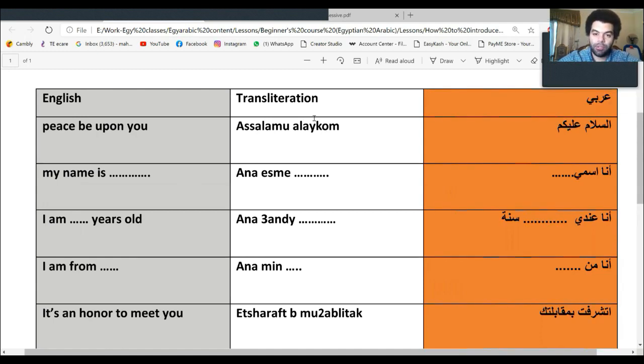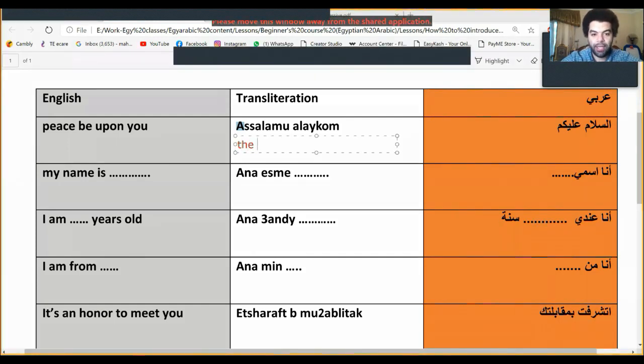Assalamu alaikum. This is the basic greeting in any Arab-speaking country, or basically to any Muslim person, or even non-Muslim. It's okay. So, what does that mean exactly? When we say al here, or a in the beginning like that, this means the, okay? The. So, the, and salam means peace.